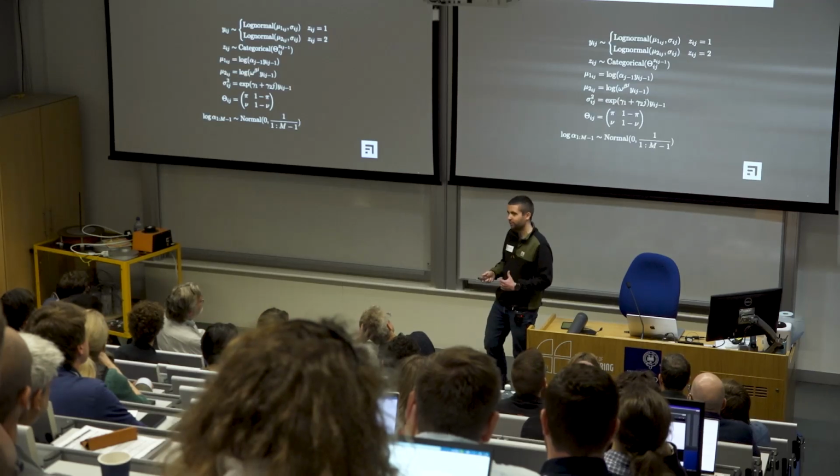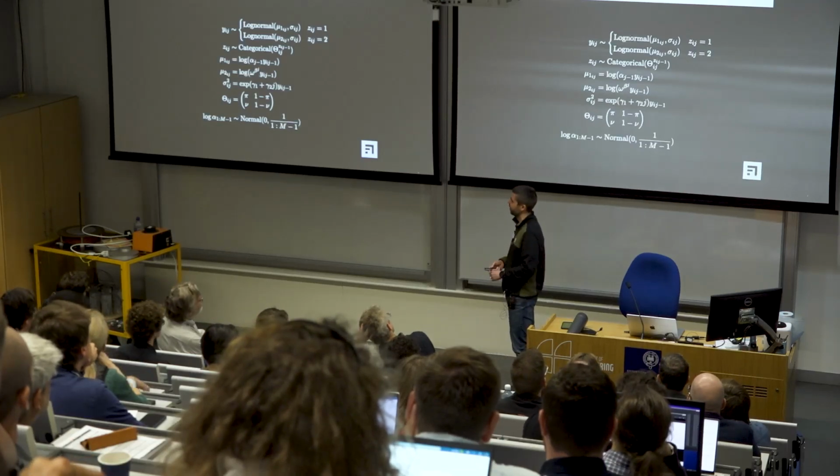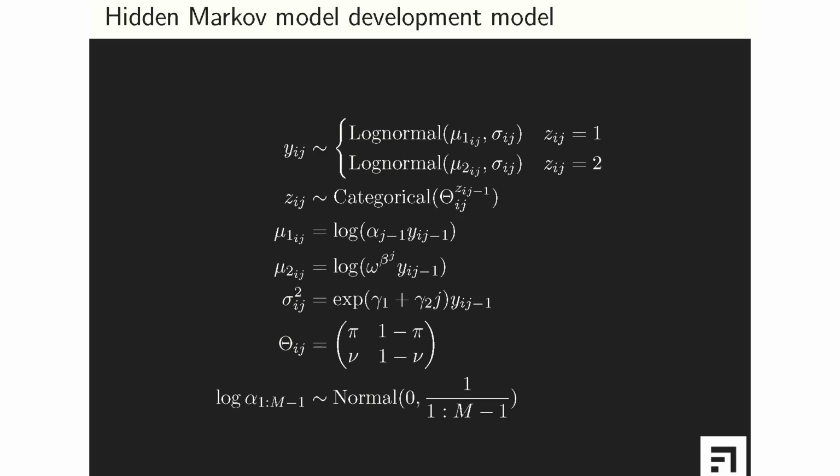So this is the fuller model definition. I won't go through it line by line, other than to pick out that we assume losses are log normally distributed with a mean that depends on the latent state. All the priors in this model are standard normal on the unconstrained scale, except for the log alpha.